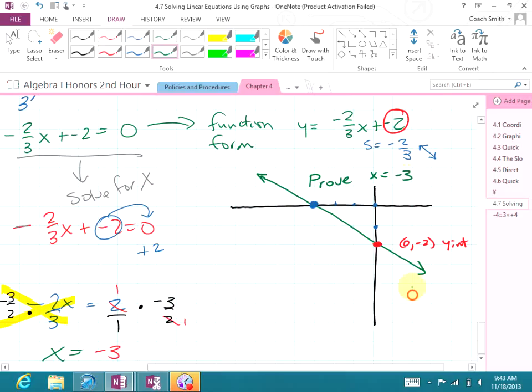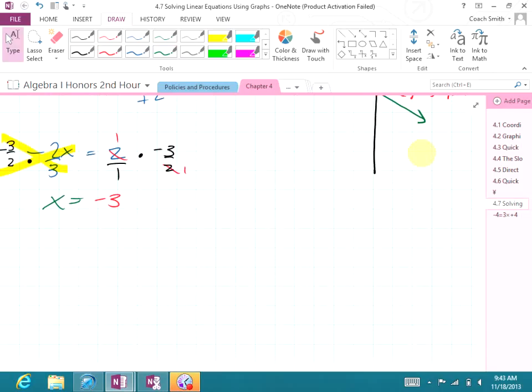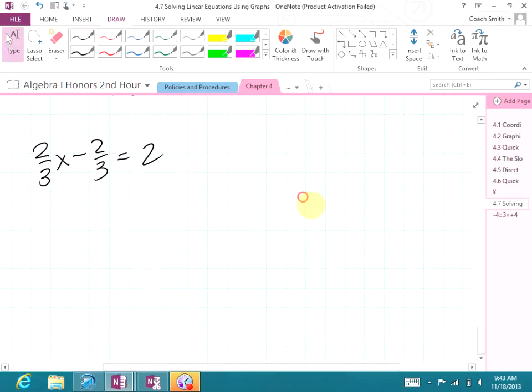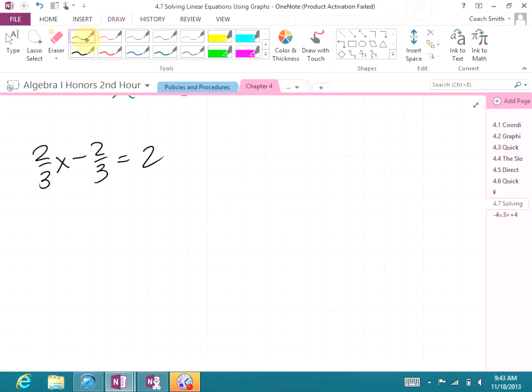Let's look at one more from that section. 28 is 2/3 x minus 2/3 equals 2. Okay, so let's solve this.